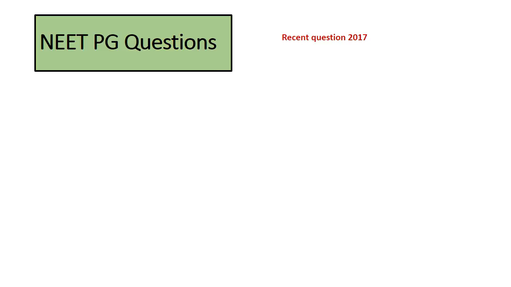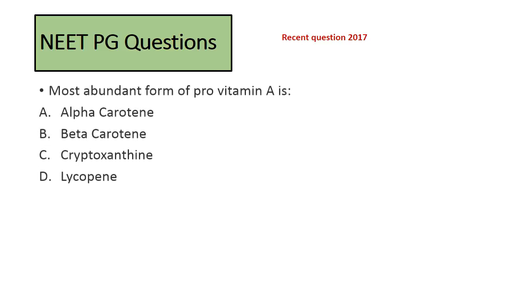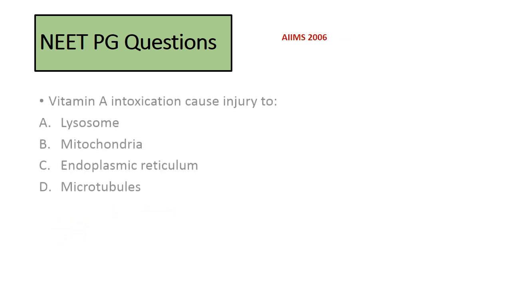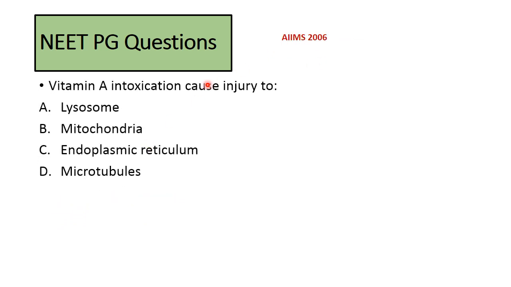Now NEET PG questions. This question was asked recently, in 2017. Most abundant form of provitamin A: alpha carotene, beta carotene, cryptoxanthin or lycopene? The answer is beta carotene. This question was in AIIMS 2006.